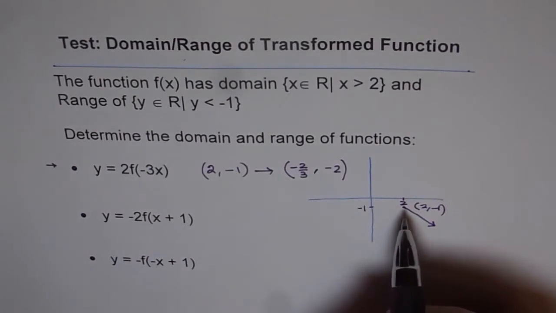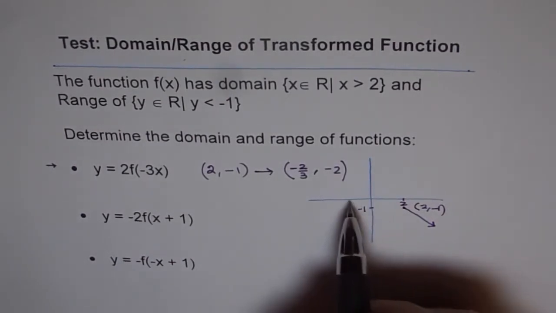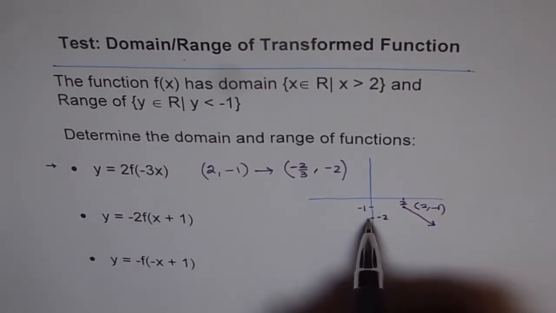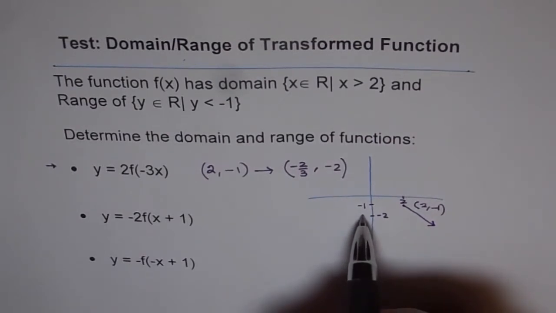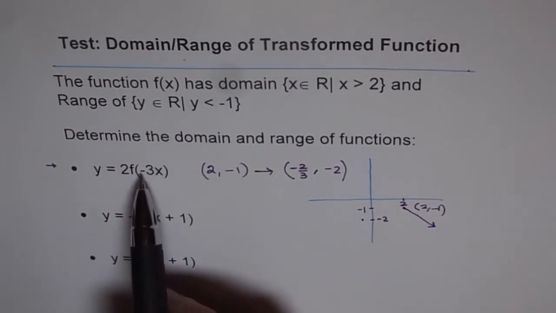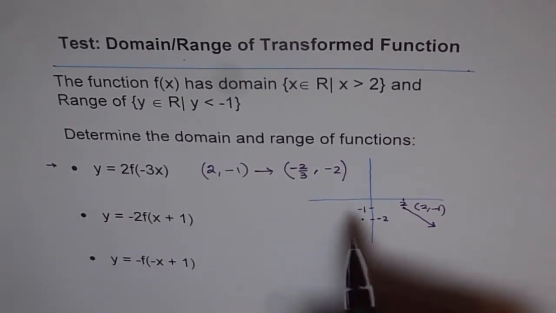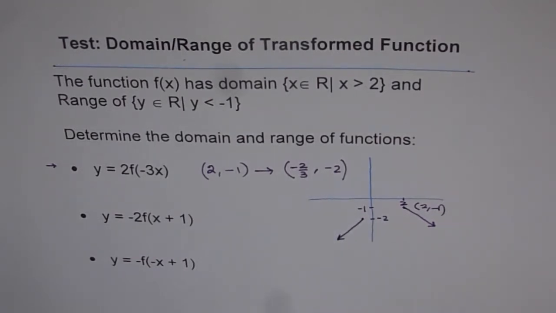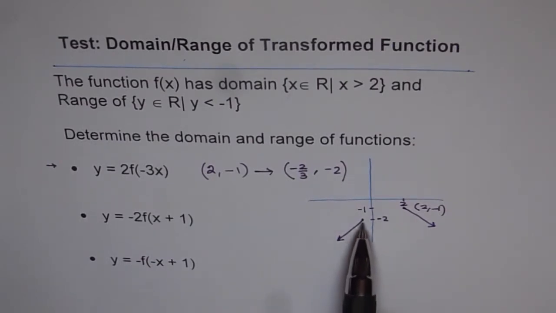So the point itself moves to -2/3, kind of here, and -2, which is 2 units down, and kind of closer. Now, there is a reflection on the y-axis, so of course the direction will change and it will be now like this. Do you see that? So that becomes your domain and range, and from here you can see that the domain is now actually less than this value.